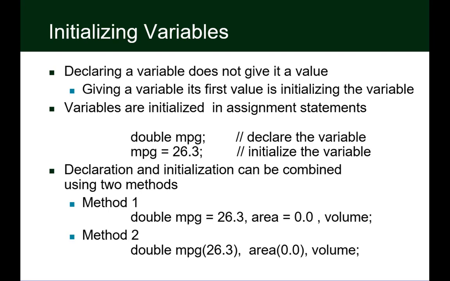It is also perfectly acceptable to declare and initialize in one line. In this method 1 example, we see the declaration, MPG, and then the assignment of 26.3 as its initial value. The area variable gets assigned a value of 0 initially, and volume has not been given an initial value. But remember, there is a value in that memory location.